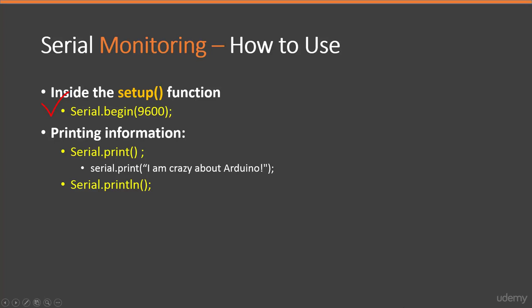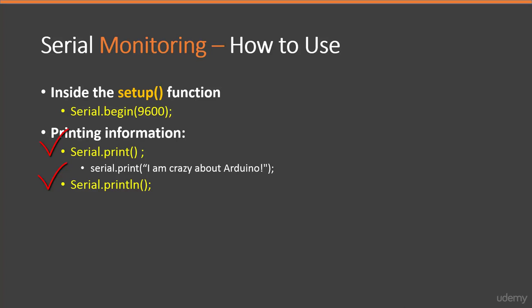The number is a communication speed parameter measured in baud rate, where 9600 baud is a common value that we should use. For printing information at any location in our code, we have two functions, Serial.print and Serial.println.